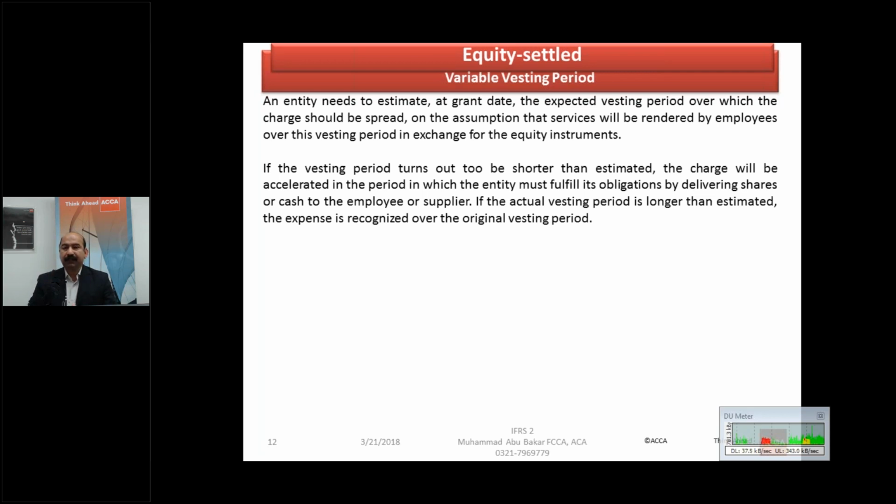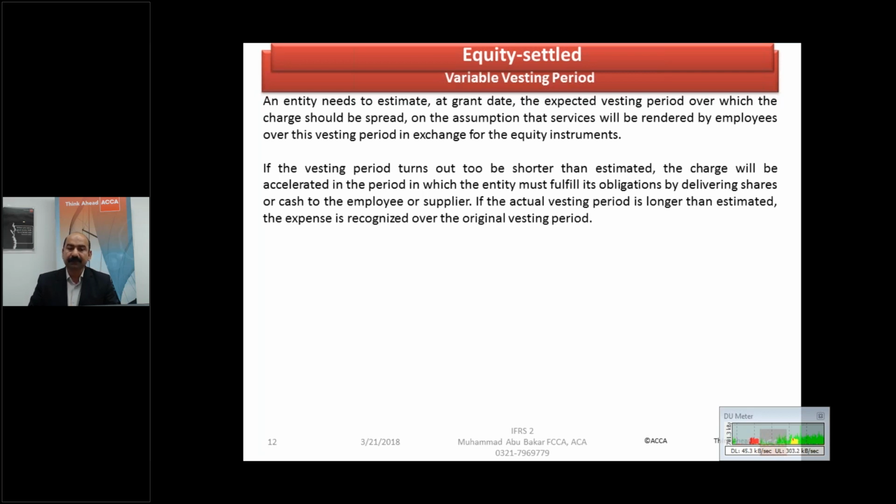This means entity will also estimate the expected vesting period if it is variable. And based on that expectation, entity will start recognizing the expense over that expected vesting period.